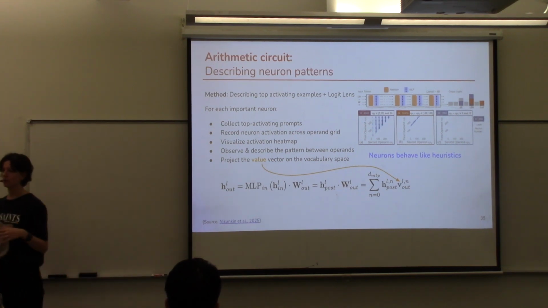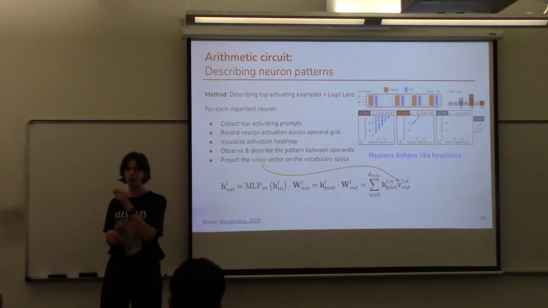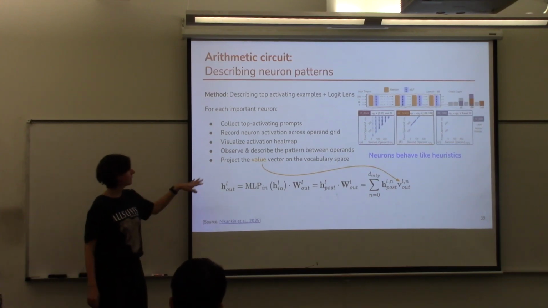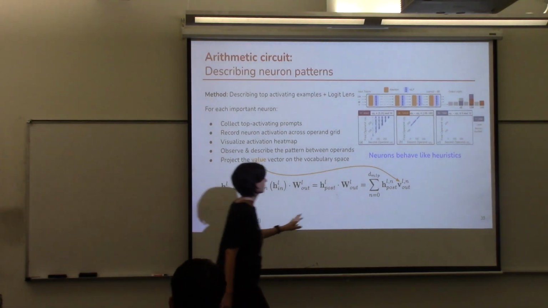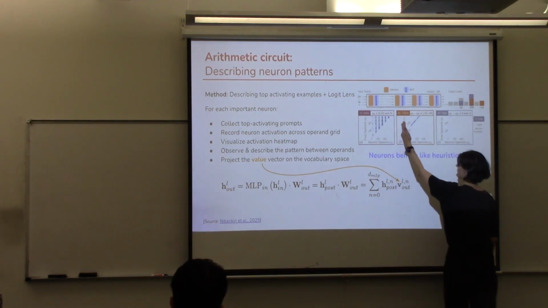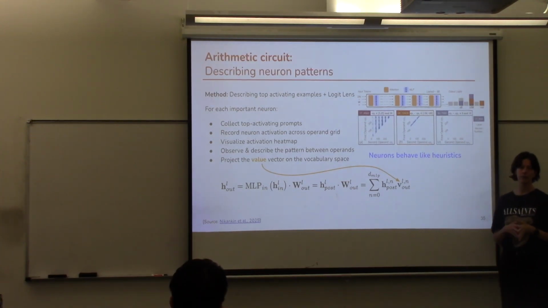They are going to collect top activating prompts for every single neuron individually. They are going to record the activation across this grid. So you have the first operand and the second operand. If you have addition, the first operand and the second operand are embedded together.